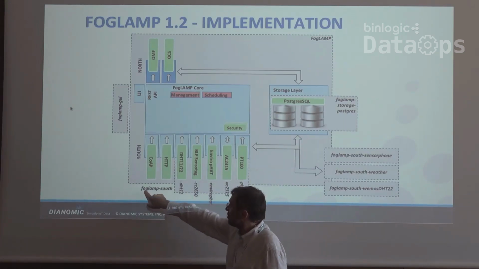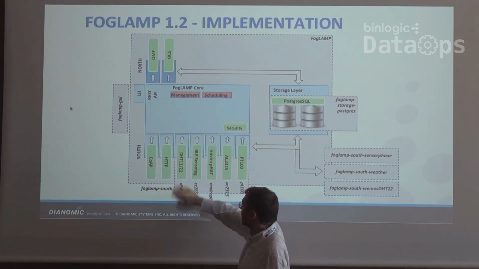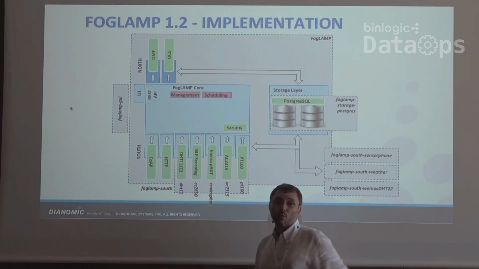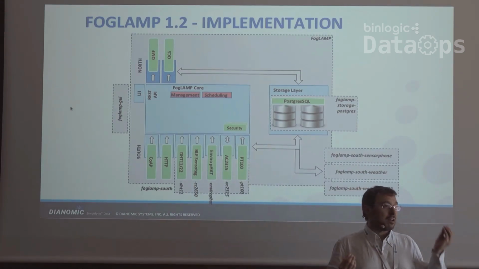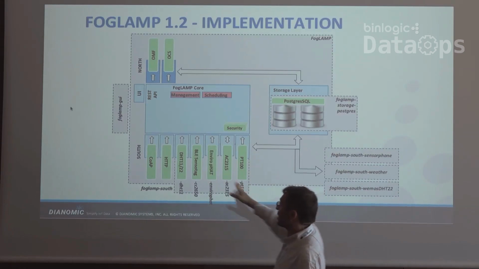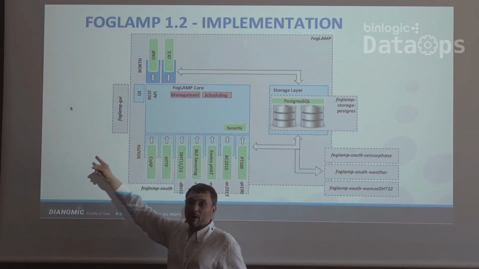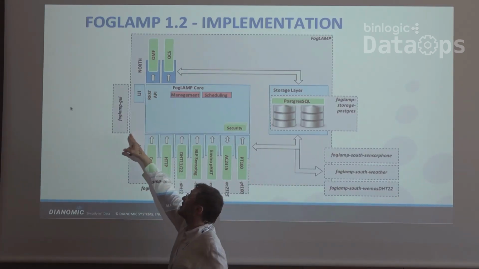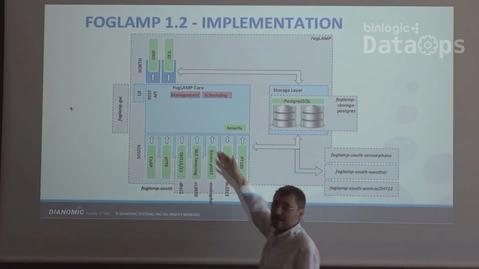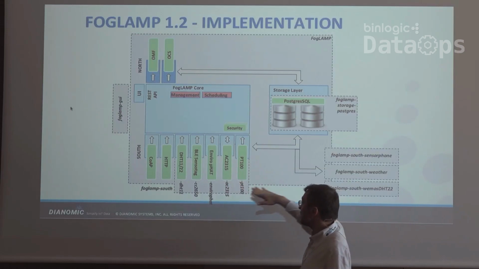What we call FogLAMP-south-something is basically this set of plugins. So what do you do? You simply update your environment, and in the next version, it will be through a command that comes through the GUI, or you can instruct it via the REST API with an orchestration system.